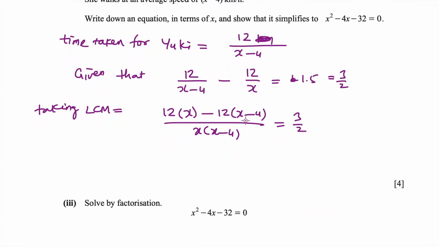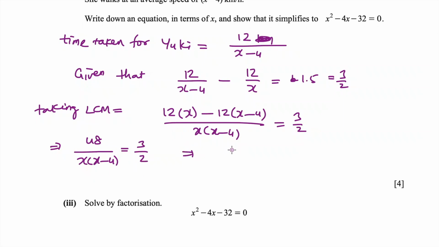Now if I simplify this, 12x and 12x will get cancelled, minus 12 into x, that is 48, divided by x into x minus 4 is equal to 3 by 2.